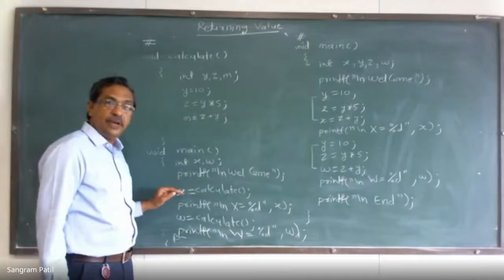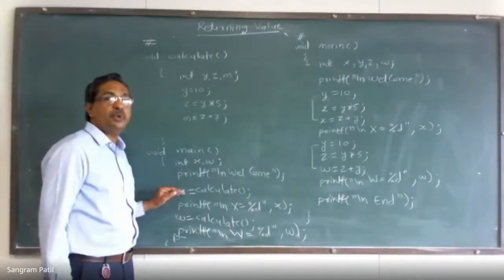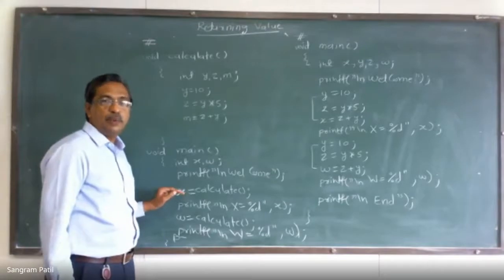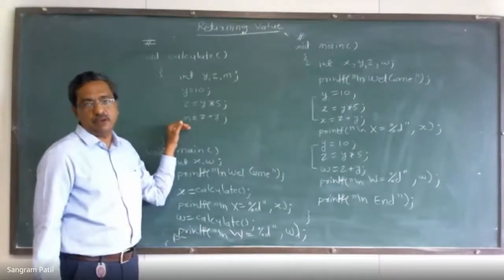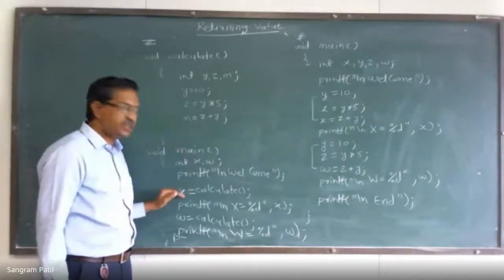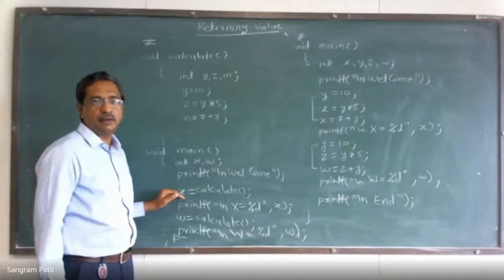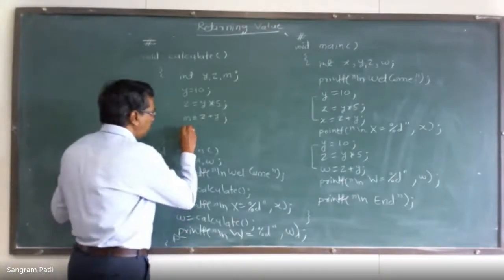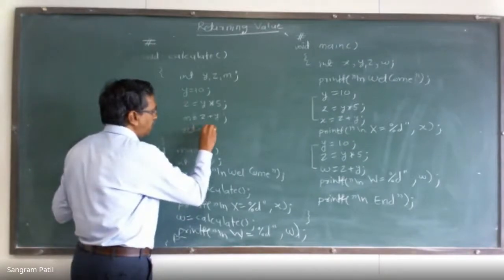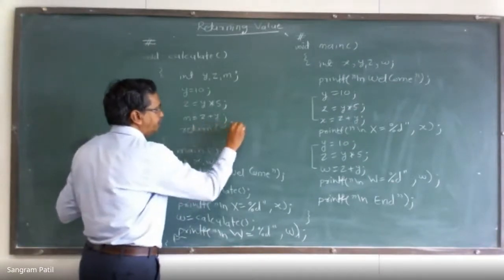When calling program is requesting for a value, then function must return the value. Otherwise, this statement will generate error. So function must return a value. To return a value, we use statement return m.